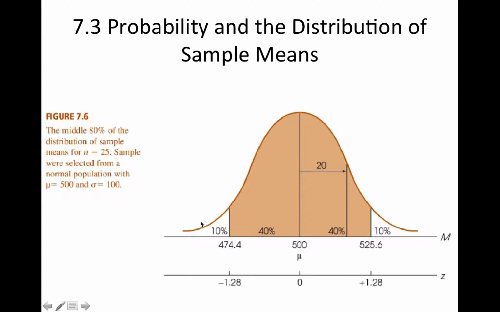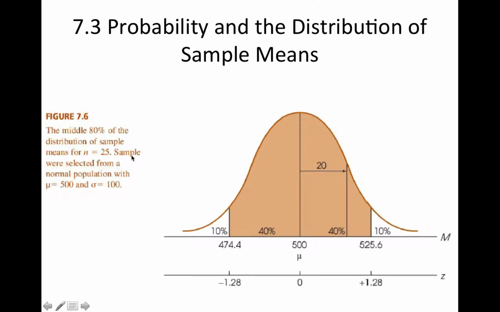That means if this is the distribution of sample means, what's the mean? The mean of the distribution of sample means is generally going to be the mean of the population. So the mean here would be 500, right? And what is the standard deviation of the distribution of sample means?